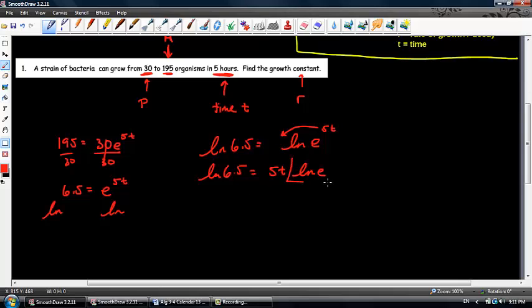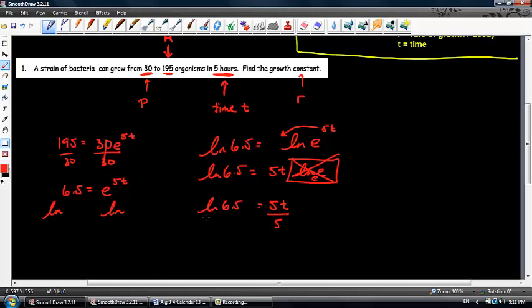If you remember from a previous video, the natural log's base is E. So I'm really taking the log base E of E, and when a logarithm has the same base and argument, it equals 1. So that's really 5R times 1, and I can get rid of the natural log of E. So 5R is equal to the natural log of 6.5.